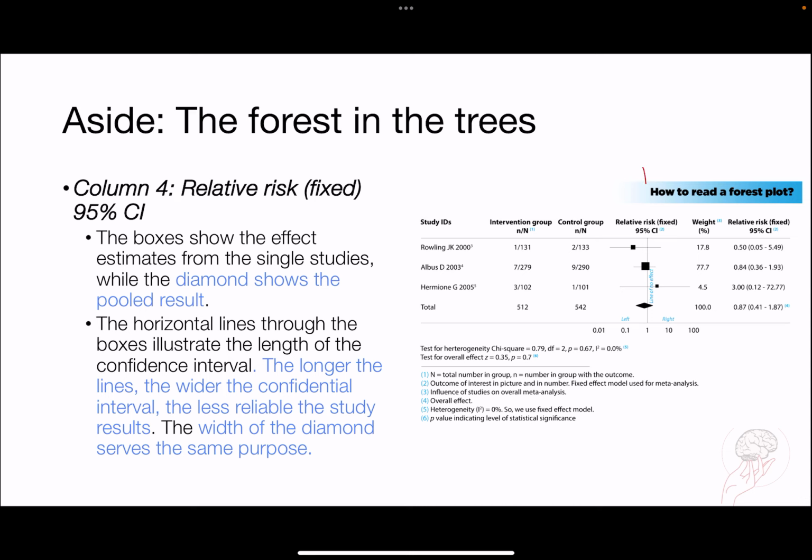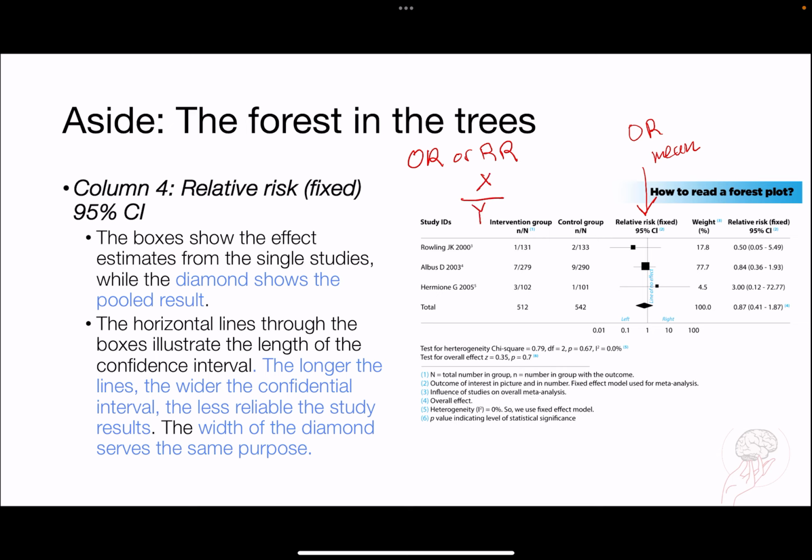Column 4 is the relative risk. Sometimes this is an odds ratio, and sometimes this is a mean. It's important to note that if we're using an odds ratio or a relative risk, it's a ratio. So there's a number over another number.